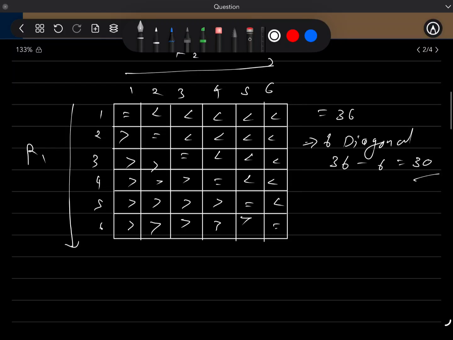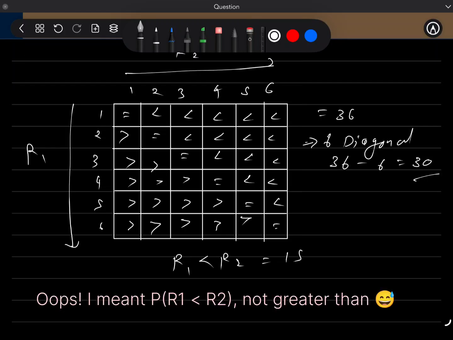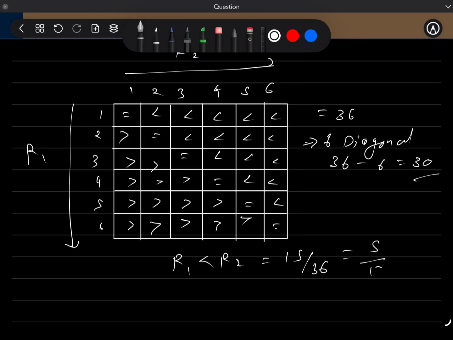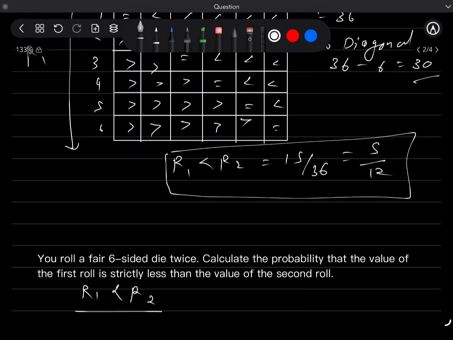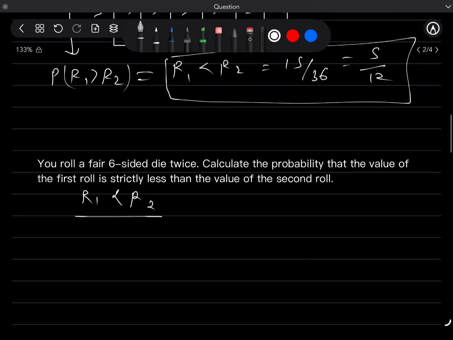So the probability that roll 1 is less than roll 2 is 15 divided by the total 36, which is equal to 5 by 12. And we can also see that in the lower triangle roll 1 is greater than roll 2. So the probability of roll 1 being greater than roll 2 is also 5 by 12.